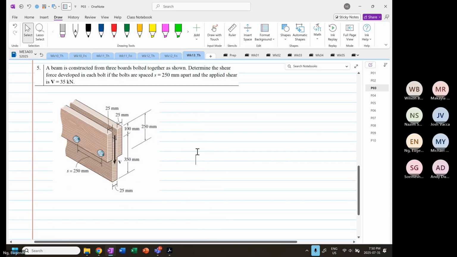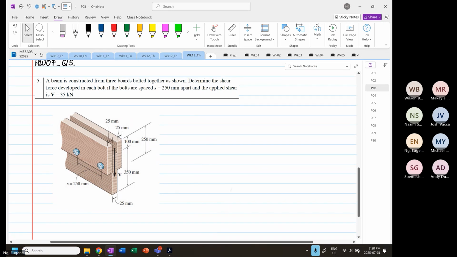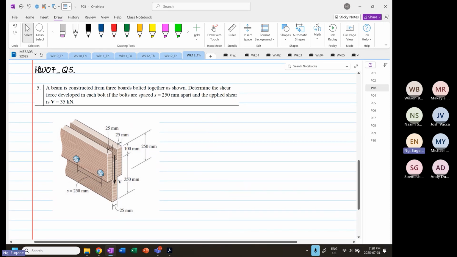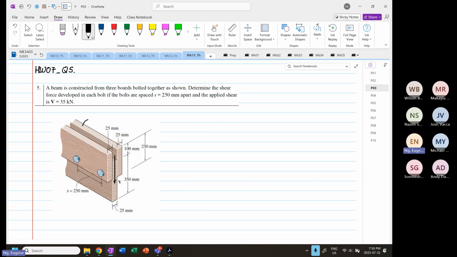Right. So this is our member over here, or our section over here. It's made up of 3 individual members. Okay. So you have member number 1, you have member number 2, and you have member number 3.